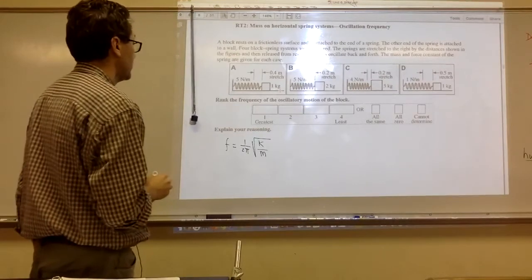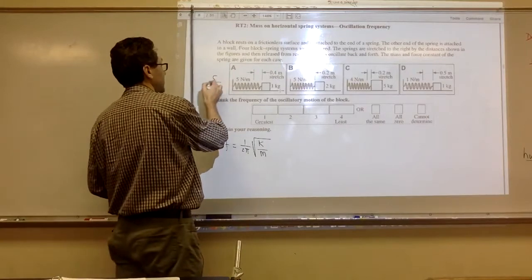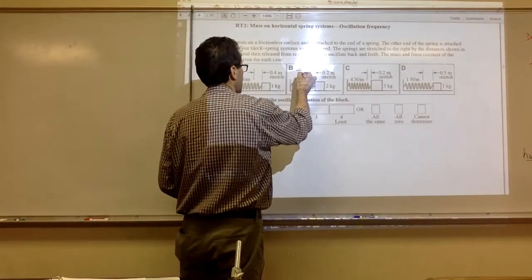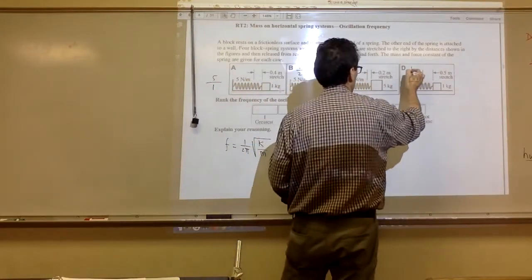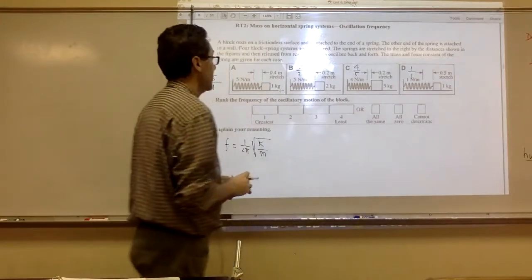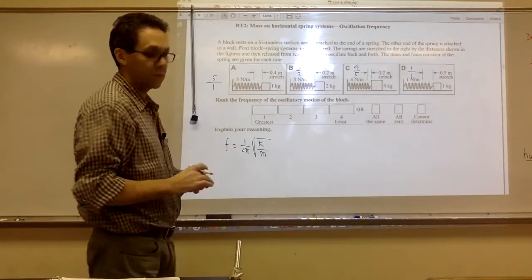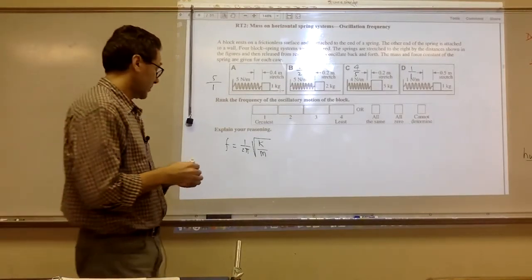We don't even have to do the square root. So this is going to be basically 5 over 1. This is going to be 5 over 2. This is going to be 4 over 5. And this is going to be 1 over 1. So the greatest looks like it's going to be in this order, A, B, D, C. And the amplitude doesn't matter.